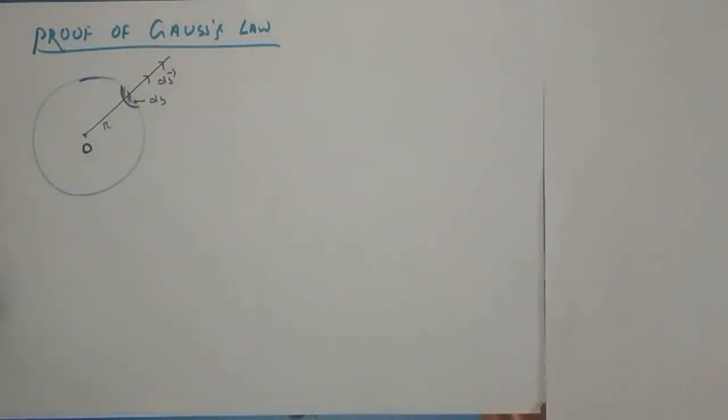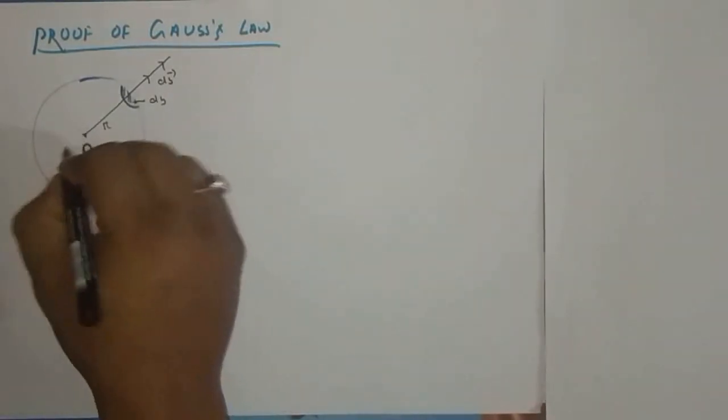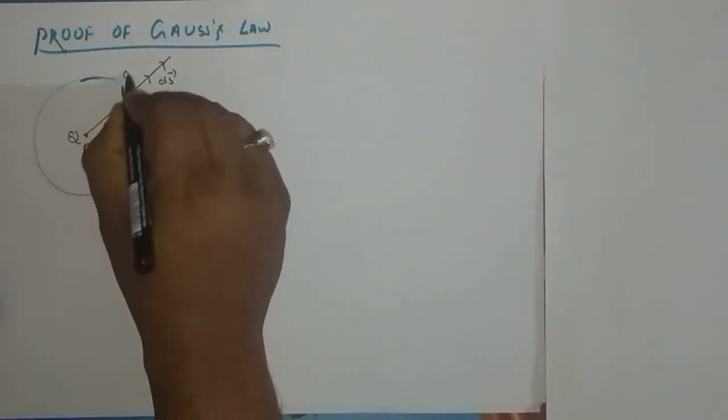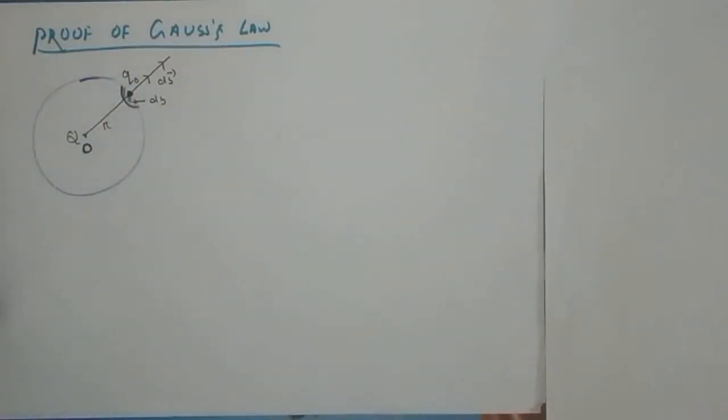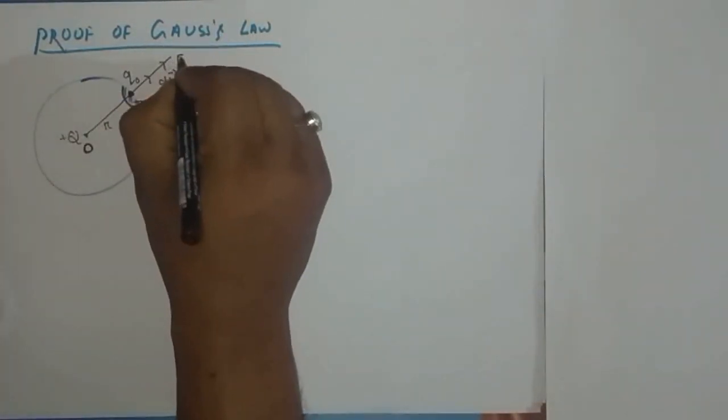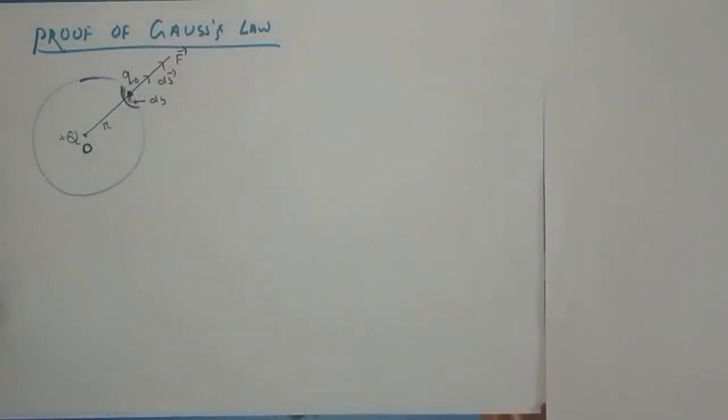Let here the charge be capital Q. Let the test charge be small q naught, separated by a distance r. This is plus, and plus plus means repulsive. So this is my electric force.